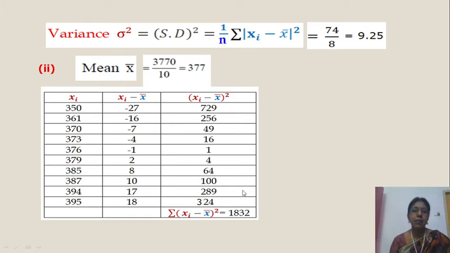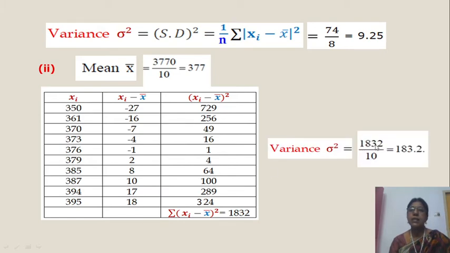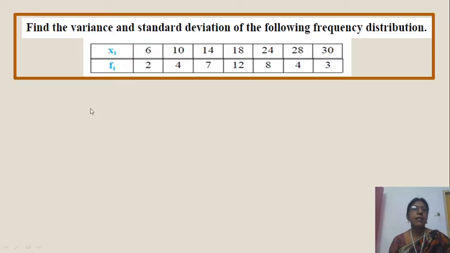N is 10. Kabatti this value by 10. What you get? 1832 by 10. 183.2 is the variance of this second problem.